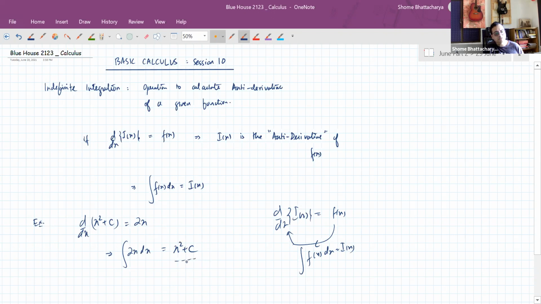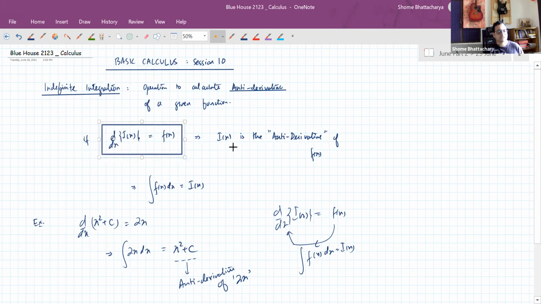So we say that this is the antiderivative of the term 2x. So this was the meaning of the operation of indefinite integration. The purpose of indefinite integration is to find this thing called antiderivative, where antiderivative is defined by this relation: if the derivative of a function is fx, then we say that that function is the antiderivative of fx.